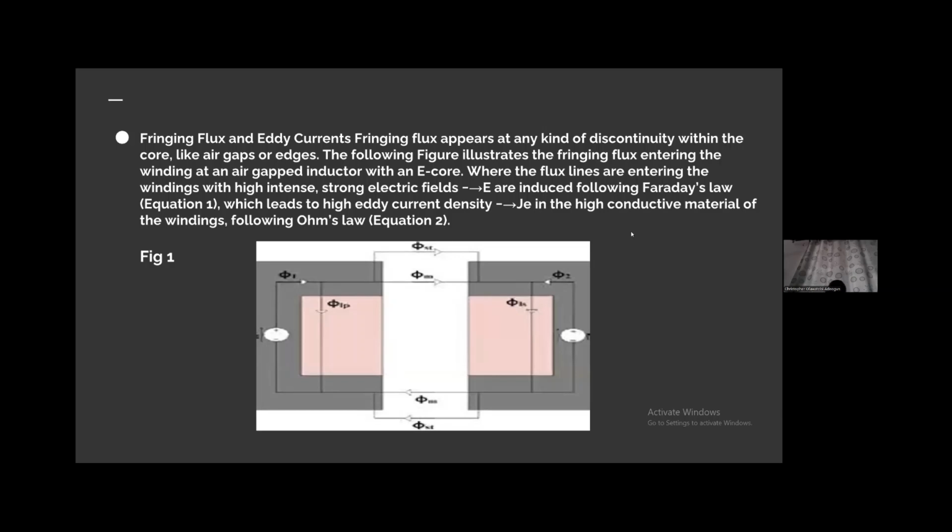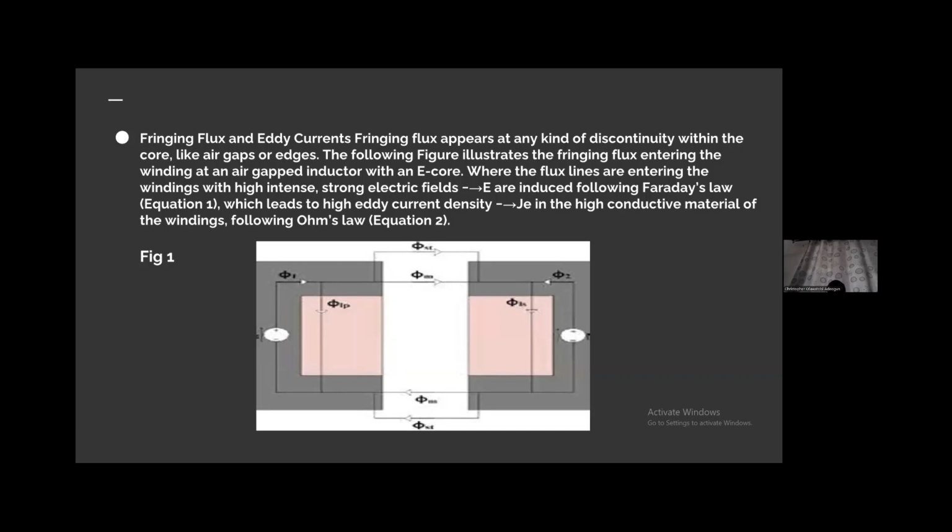Fringing flux and eddy currents appear at any kind of discontinuity within the core, like air gaps or edges. And the following figure illustrates the fringing flux entering the winding at an air gap inductor with an E-core, where the flux lines are entering the windings.